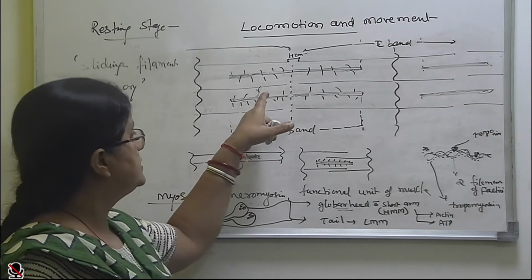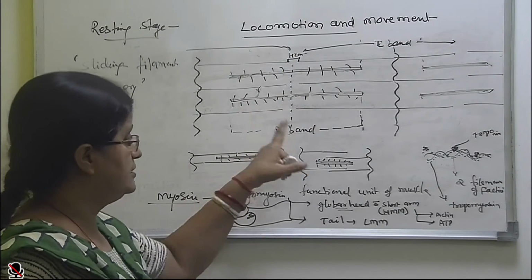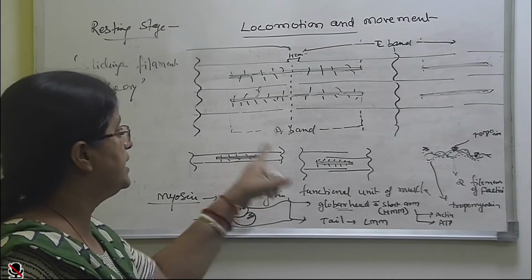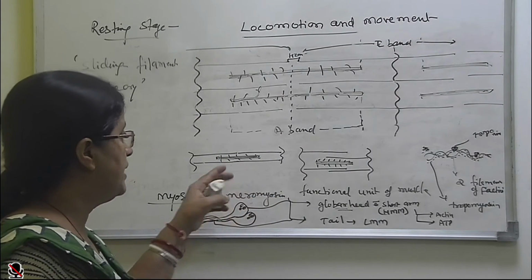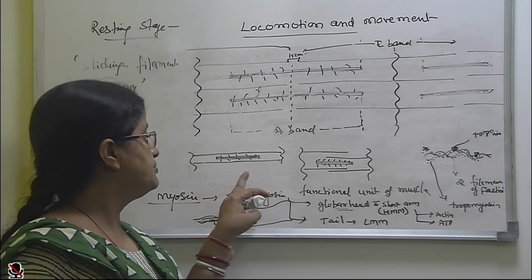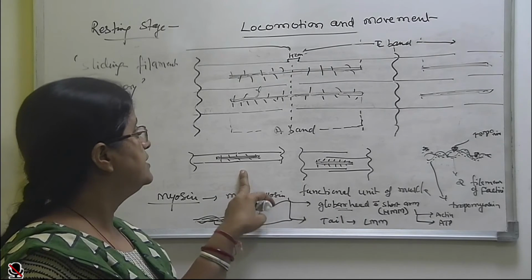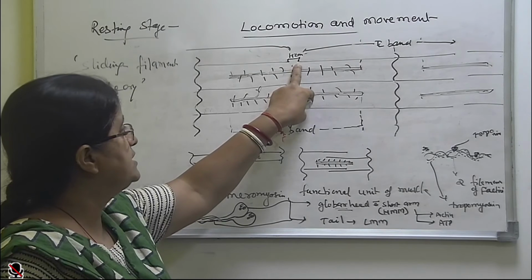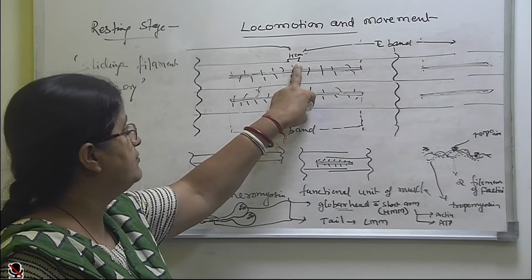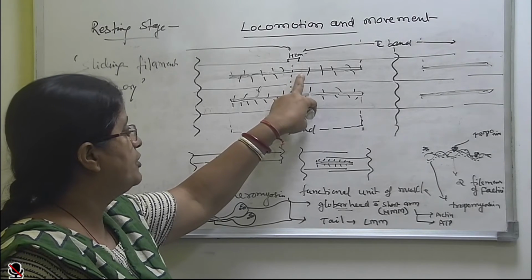So this diagram is mainly showing you the overlapping of the actin filament over the myosin. This is progressive. Here in the initial resting stage, there is a space where no actin filaments are overlapped over myosin.